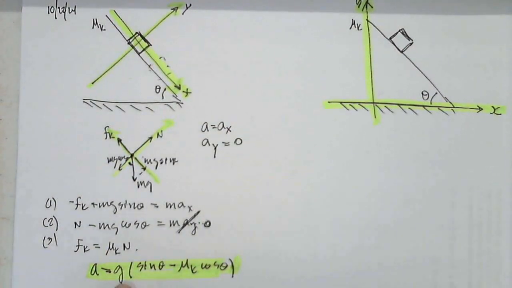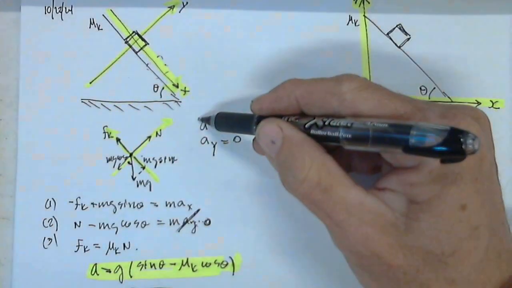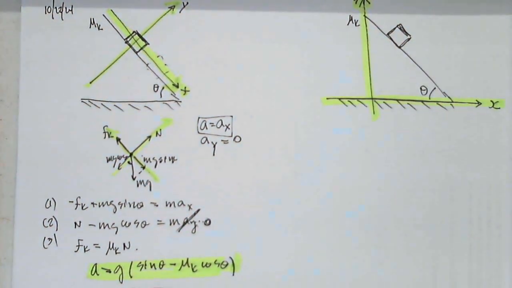But this is the magnitude of the acceleration, and this is 0, so it's the acceleration in the x-axis.